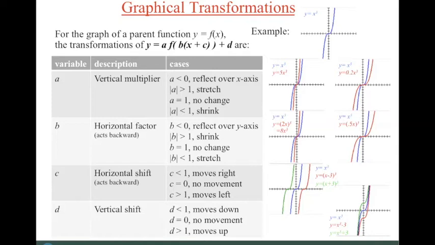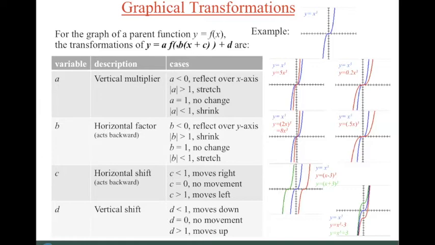So the first thing we're going to look at is if I have a parent function, f of x, and I'm doing transformations, what that looks like algebraically is I will have factors, so multiplying by something, and also sums or differences. And so within that function, I can write it, and we'll see an example on the next slide, as a combination of functions, really.